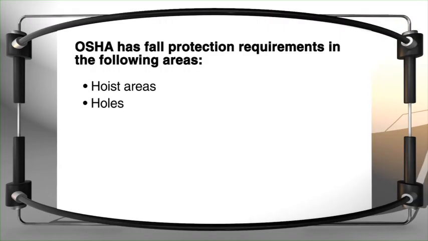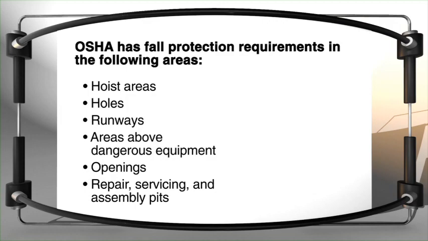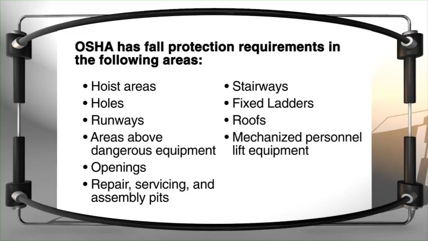Remember, there are set requirements for fall protection in specific situations, such as hoist areas, holes, runways, areas above dangerous equipment, openings, repair, servicing, and assembly pits, stairways, fixed ladders, roofs, order pickers and other mechanized personnel lift equipment, and scaffolds.